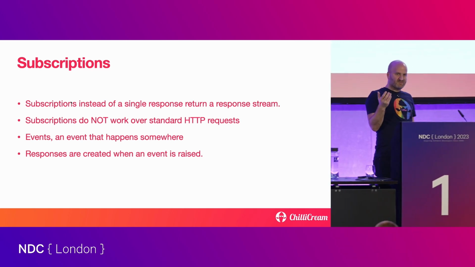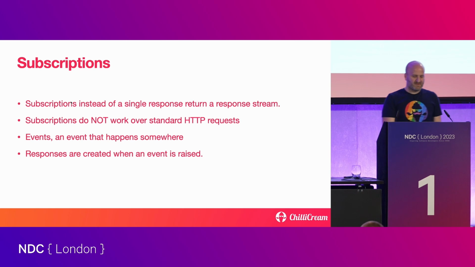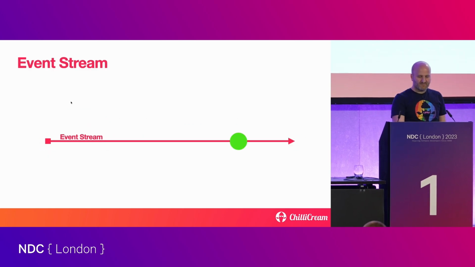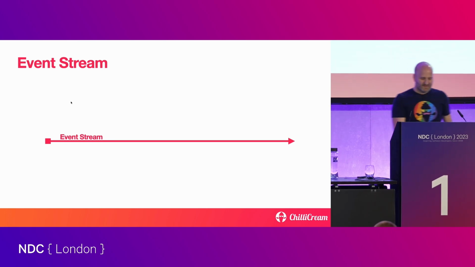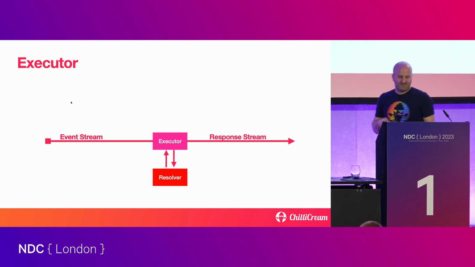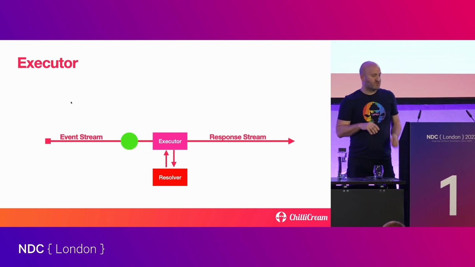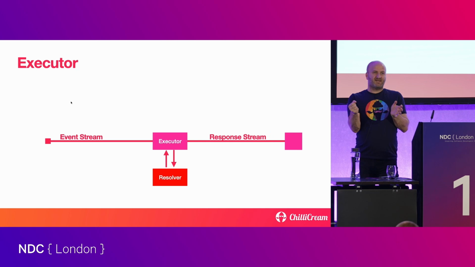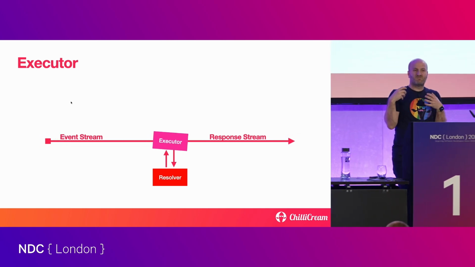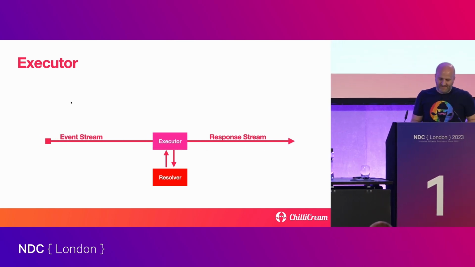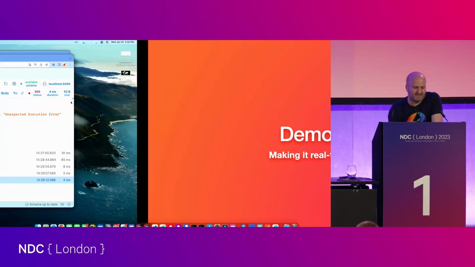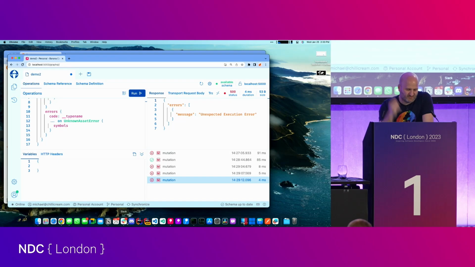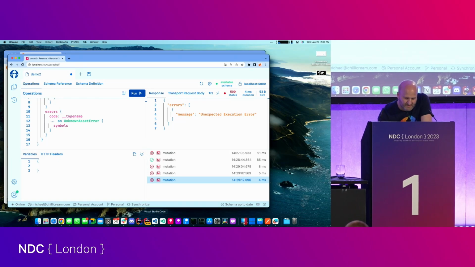It's about streams of events, and each event in an event stream will cause an execution of our GraphQL execution engine. And then these events are translated into response data. Sounds complex, but let me show you how to build the simplest subscription you can do.